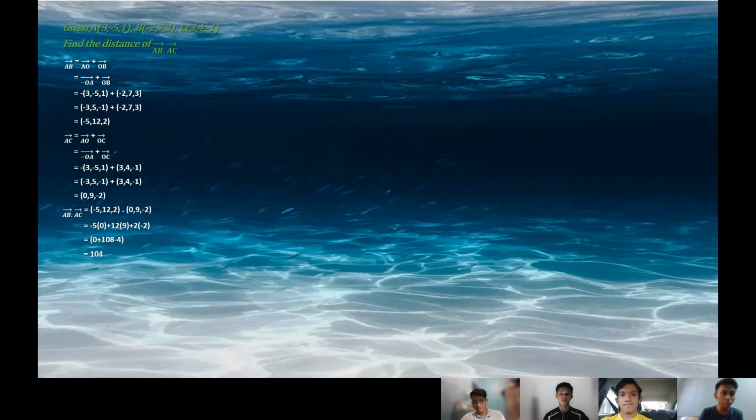So 0 plus 108 minus 4 equals 104. So this is the final answer for this problem.